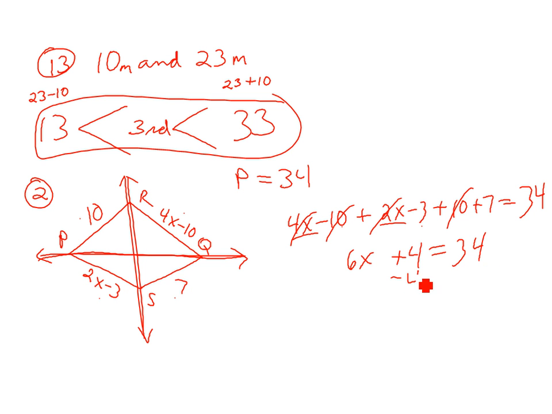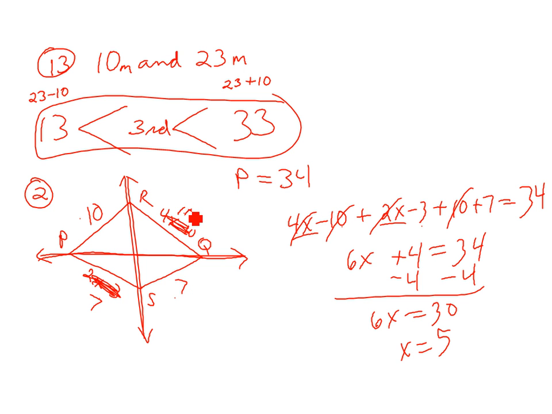Minus 4, minus 4, and divide by 6. 6x equals 30. Divided by 6, what's x equal? 5. Now let's go back over here. 2 times 5 is 10 minus 3. So that's 7.